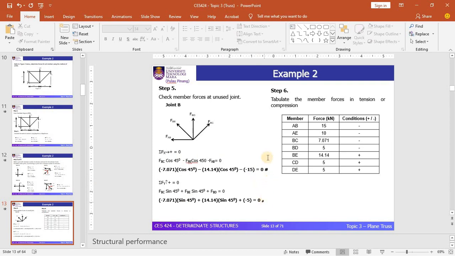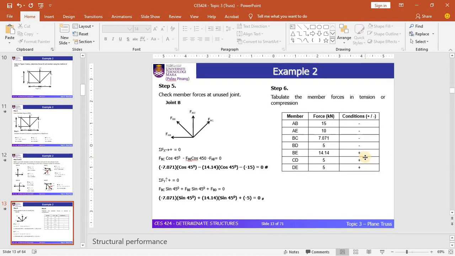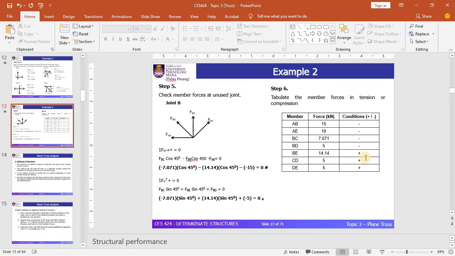In the last step, you can tabulate all the internal forces with their corresponding compression and tension state. That's it for the method of joints for this session. We will continue in the next lecture with the method of sections.